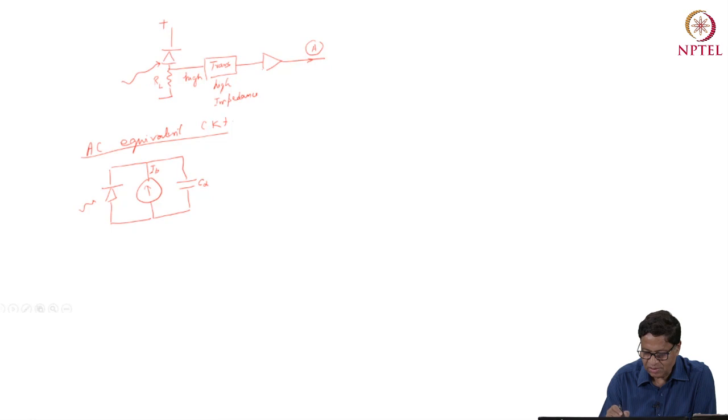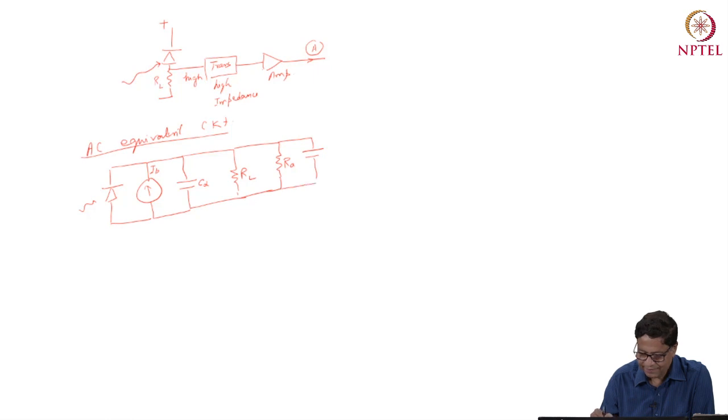This includes all the capacitance, and this is the amplifier part. Say this is the amplifier, this is the load part, this is the amplifier resistor, this is the CA part, and then this is the output here, V0.